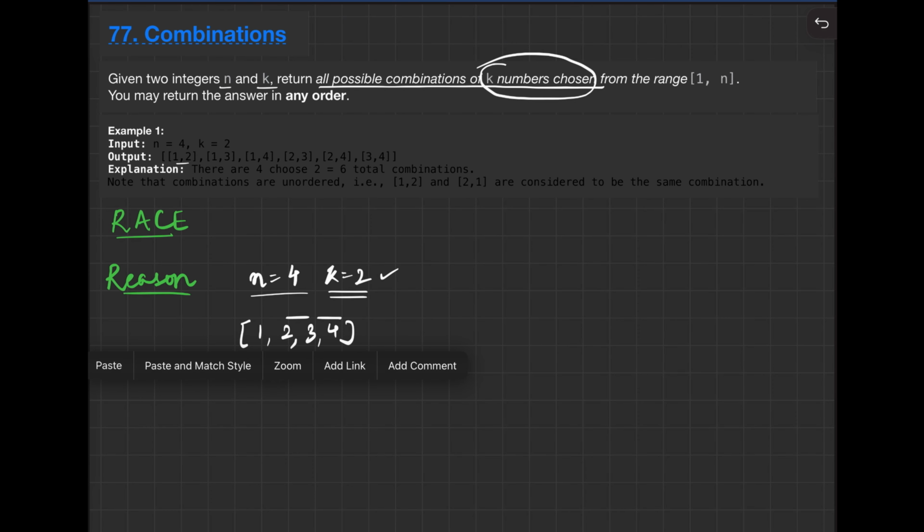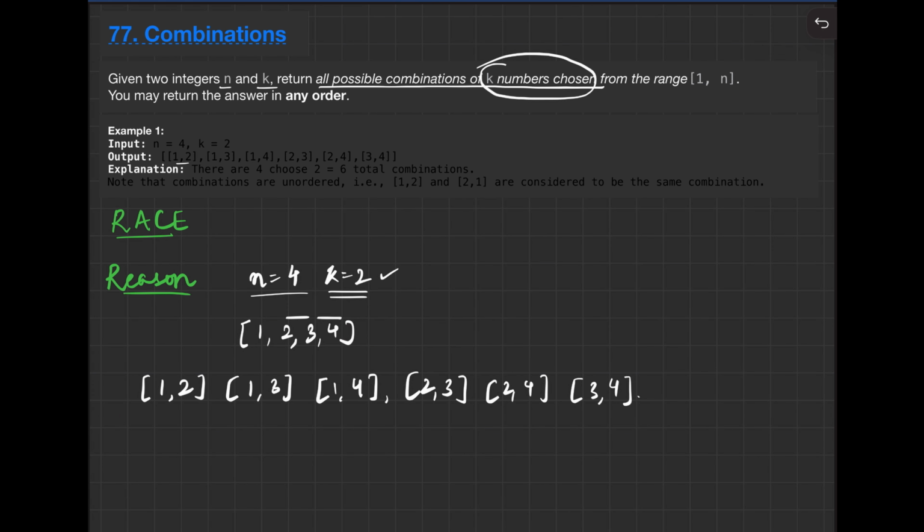The output for this looks like this, where the first three sets have 1 in the first element, the next two have 2, and the last set has 3 and 4. Focusing on this again, i goes from 1 to 2 and 3, and within each set the other element goes 2, 3 and 4.